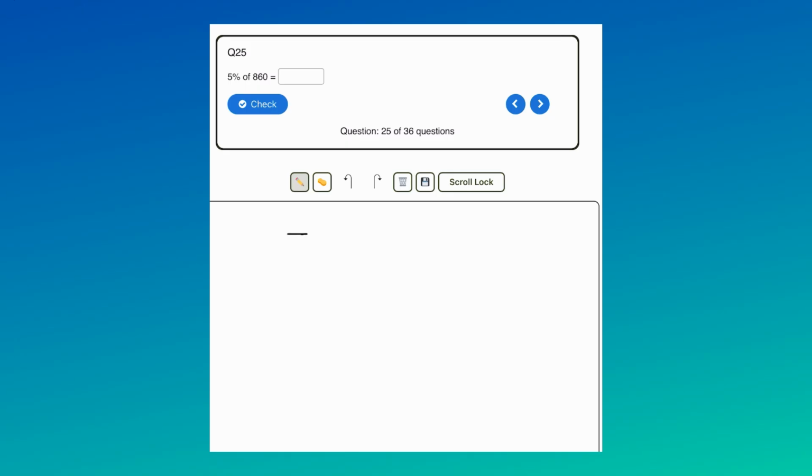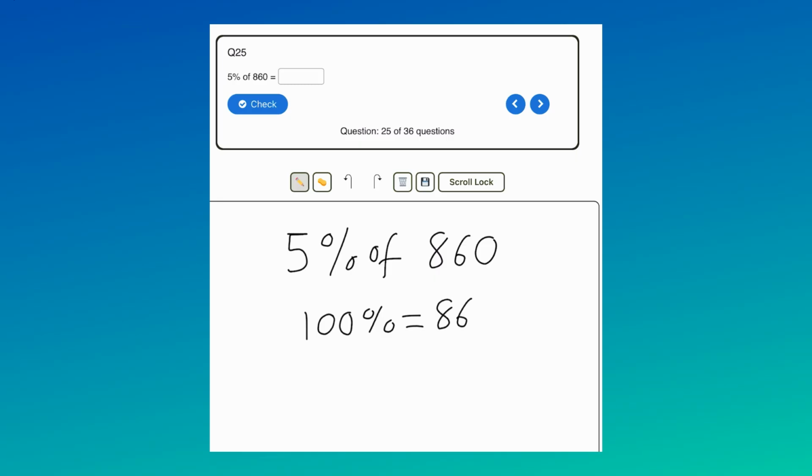Question 25. 5% of 860. Now I know my 100% is 860. So I can easily divide by 10. And so I know my 10% is 86, because when I divide by 10, I can just lose the 0.